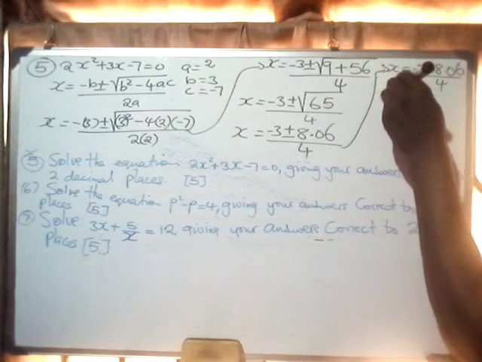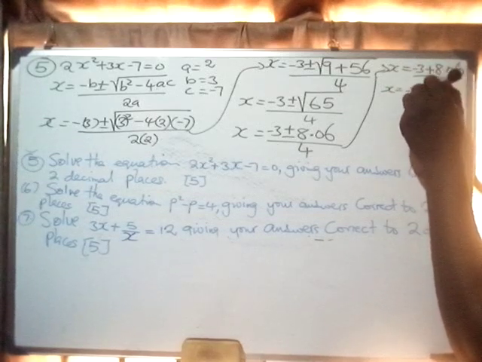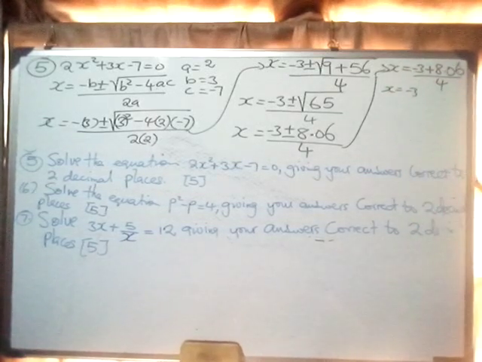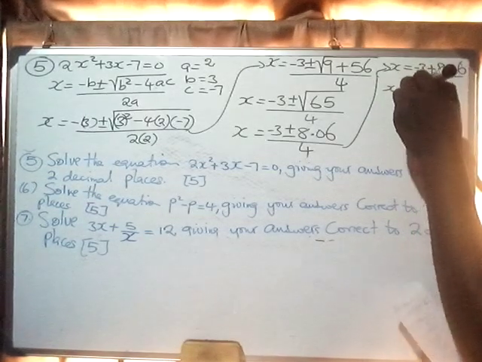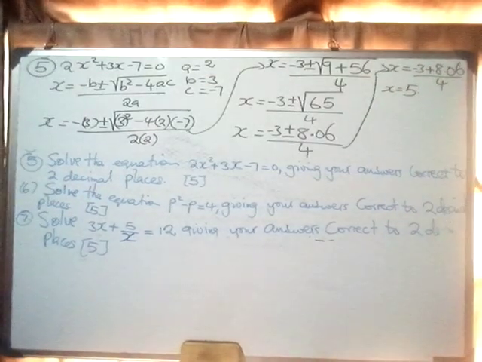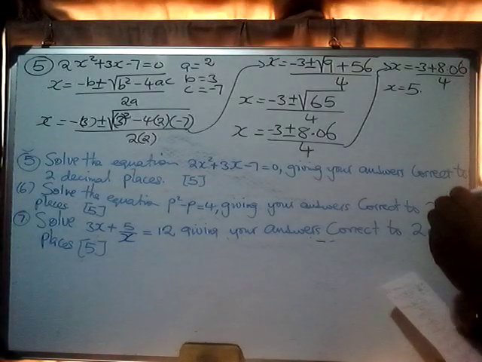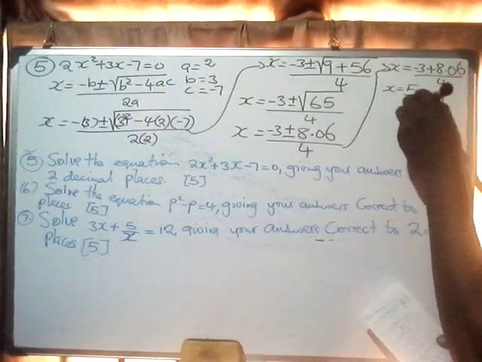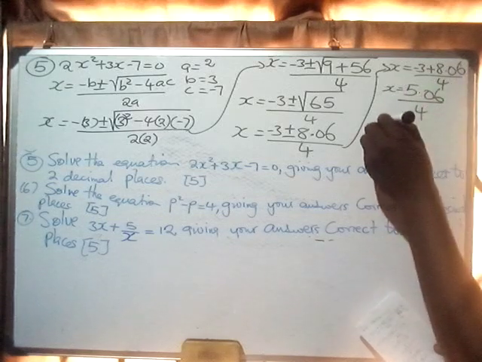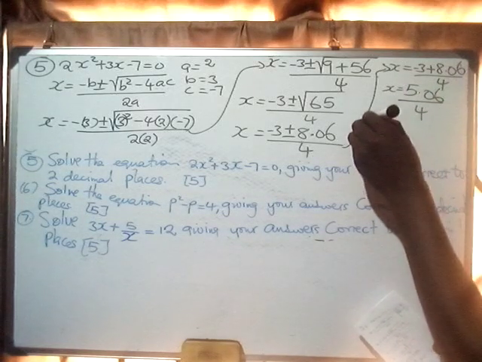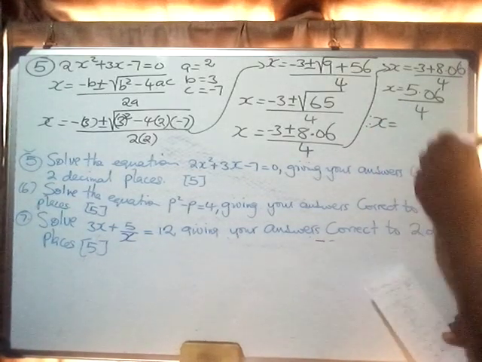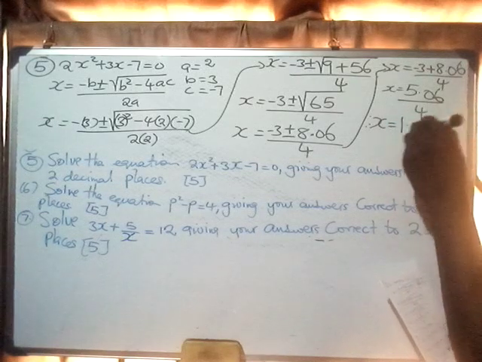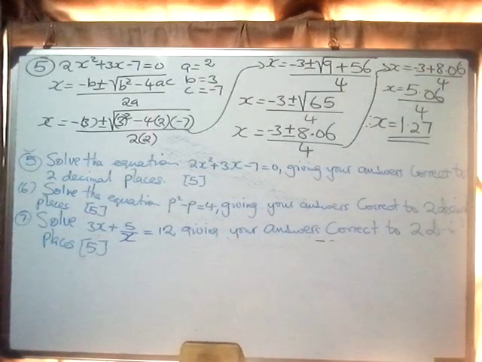Negative 3 plus 8.06, the answer will be 5.06, over 4. So therefore the value of x, because 5.06 divided by 4, the answer is 1.27. So that is the first value of x.